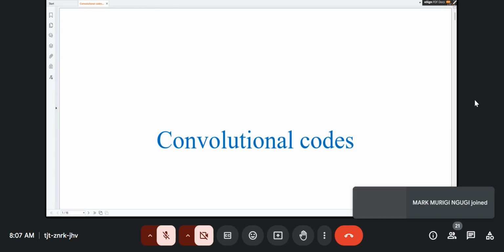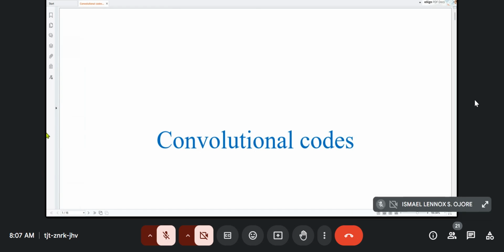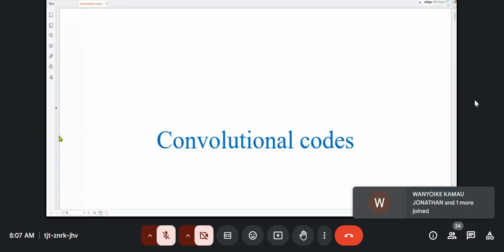So they don't only correct one bit error, they can correct whatever number you want. So let's see how these convolutional codes work.